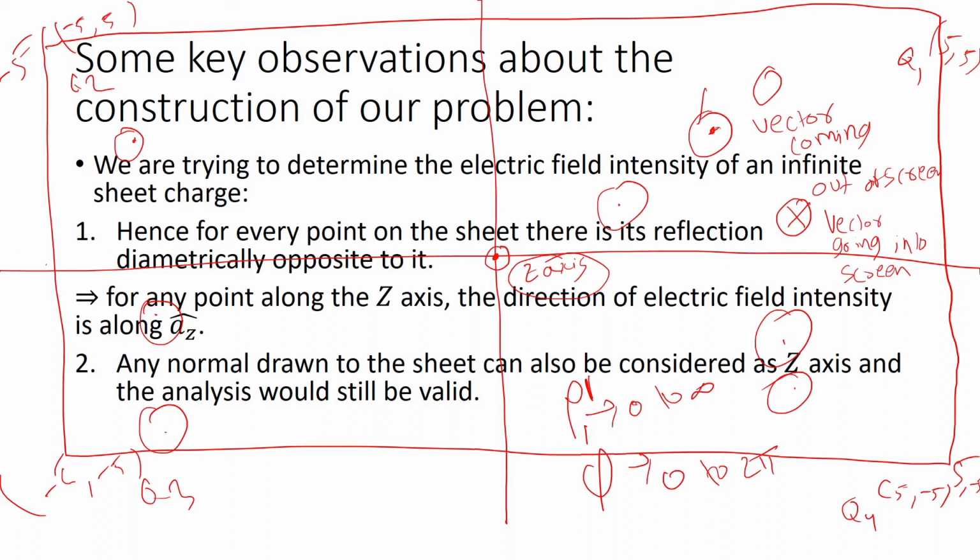So let us look at here. Assume that this point is 1 comma 1. Now this is what I call shifting of origin. Originally the origin is at 0 comma 0 comma 0. Now this origin has shifted to 1 comma 1 comma 0.